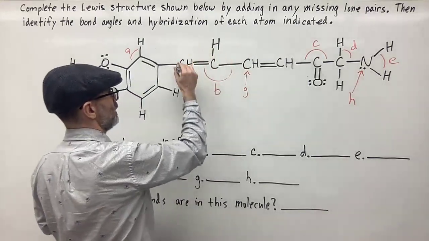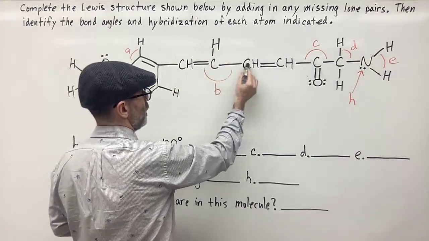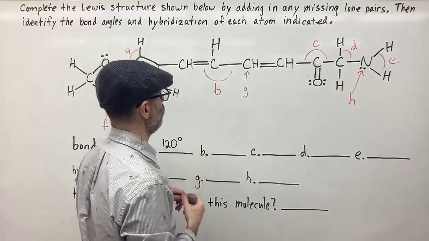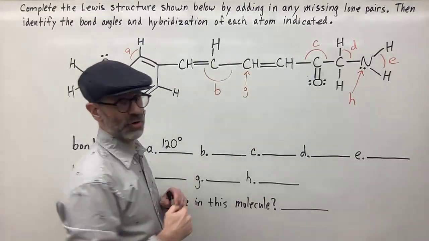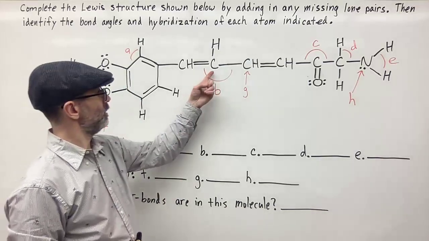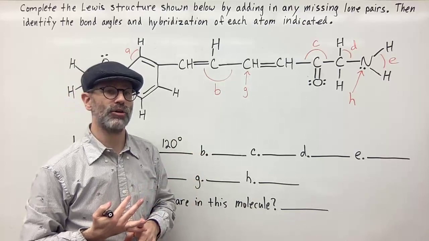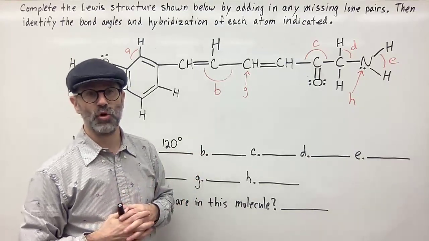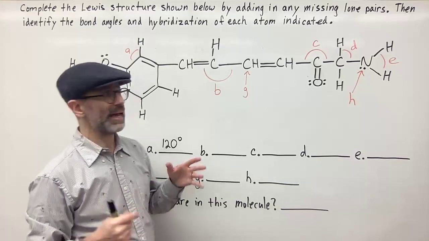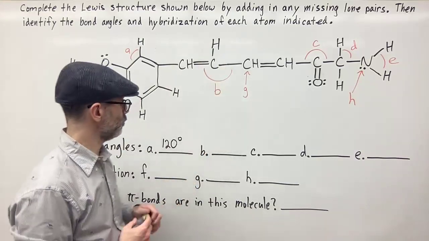This carbon is bonded to this carbon by a double bond, and these carbons are bonded by a single bond. So I have 1, 2, 3 electron groups around my carbon here. So again, if you have 3 electron groups, no lone pairs, then the electron group geometry is going to be trigonal planar. And again, the bond angle is going to be 120 degrees.